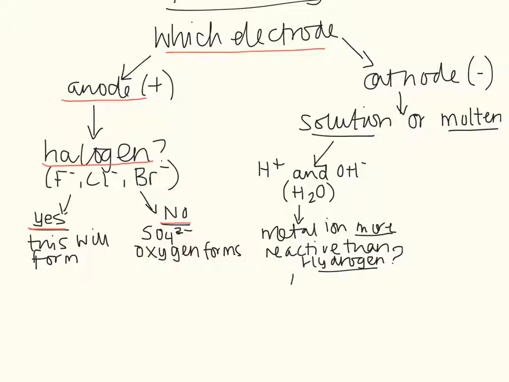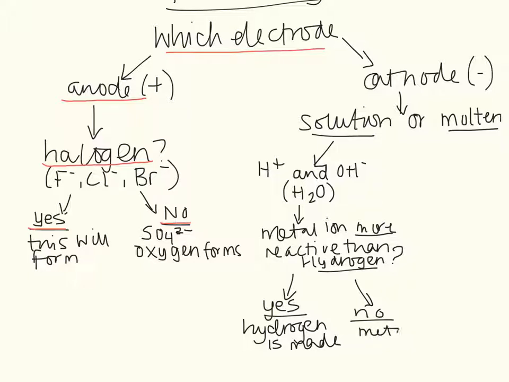And if we say yes, then we can say that hydrogen is made. If we say no, our metal ion is not more reactive than hydrogen, then the metal gets made.